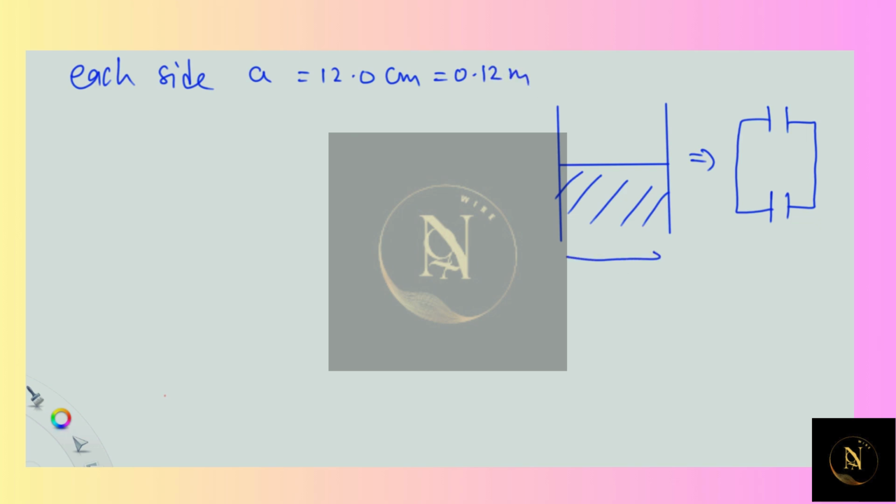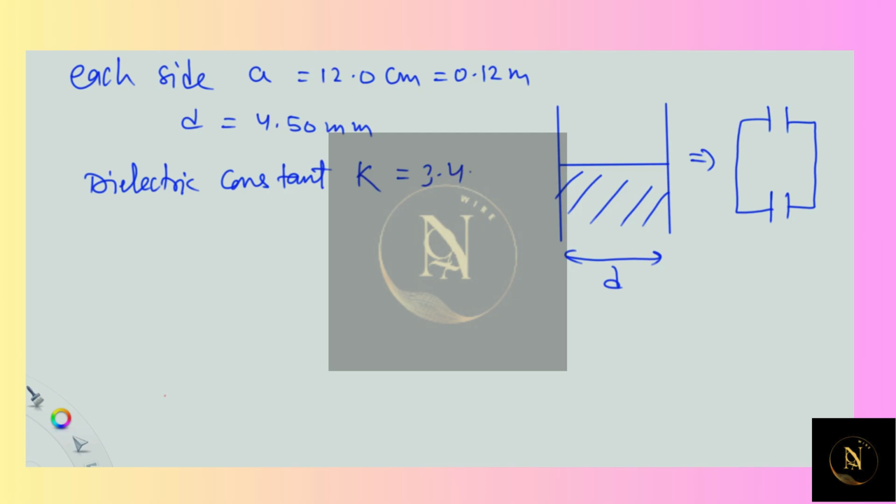The gap between these two plates, D, is given as 4.50 millimeter, and the dielectric constant of the plexiglass is given as 3.40. The common potential applied is 18.0 volt.